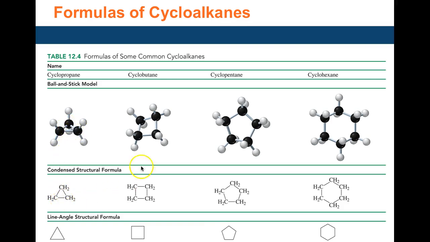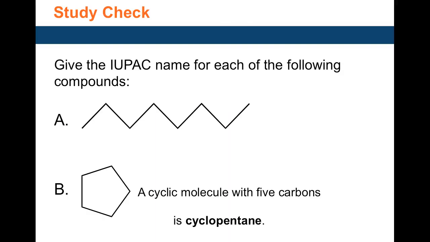Cyclopropane has a triangular structure, cyclobutane a square, cyclopentane a pentagon, and cyclohexane a hexagon. These are the line formulas, sometimes also referred to as geometrical formulas, because the shapes are geometrical. The key to remember is that each carbon has two hydrogens because of the cyclic structure.